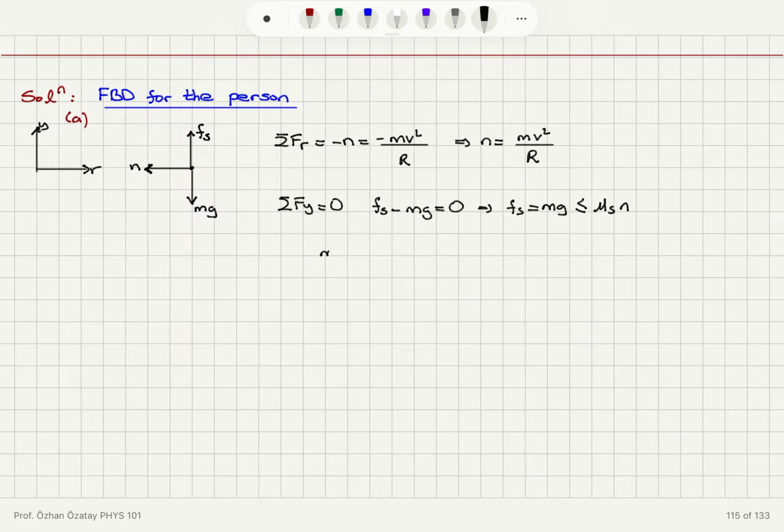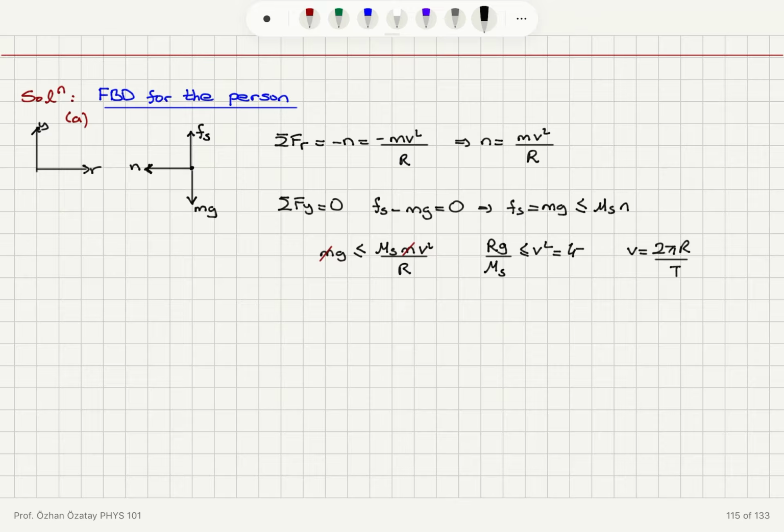So this requirement gives us mg should be less or equal to mu s times m v squared divided by capital R. And we can see that the m's will cancel here, and we will find capital R g divided by mu s is less or equal to v squared. Now I want to remind you that v is also equal to 2 pi R divided by the period of revolution, 2 pi R divided by T.